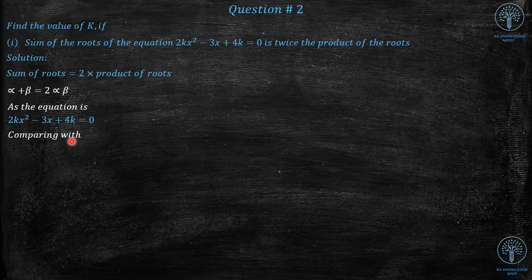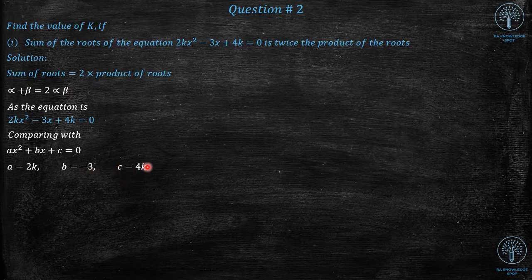We have to compare with ax square plus bx plus c is equal to 0, that is the standard form of a quadratic equation. Now your a is equal to 2k, b is equal to minus 3, and c is equal to 4k.